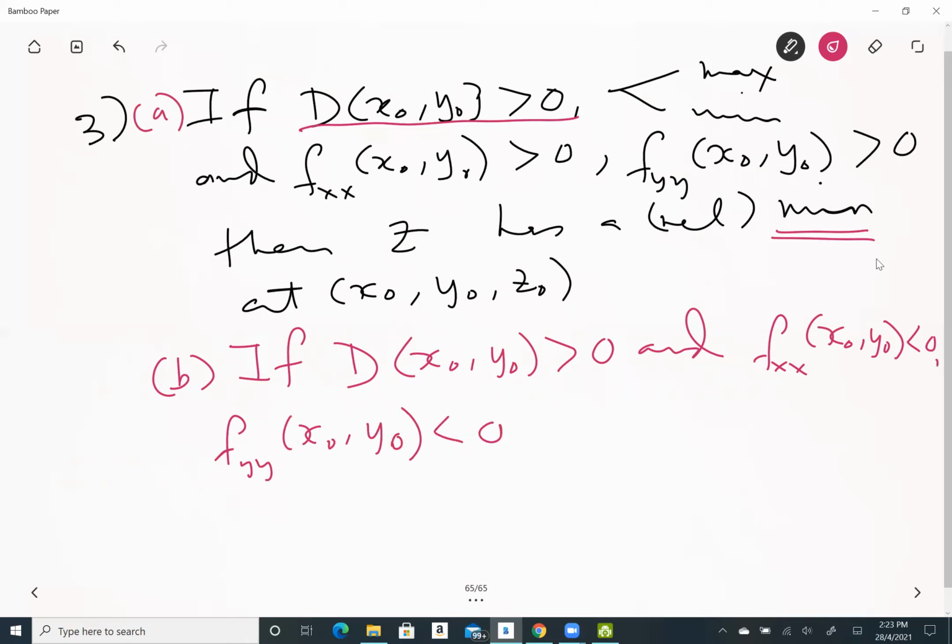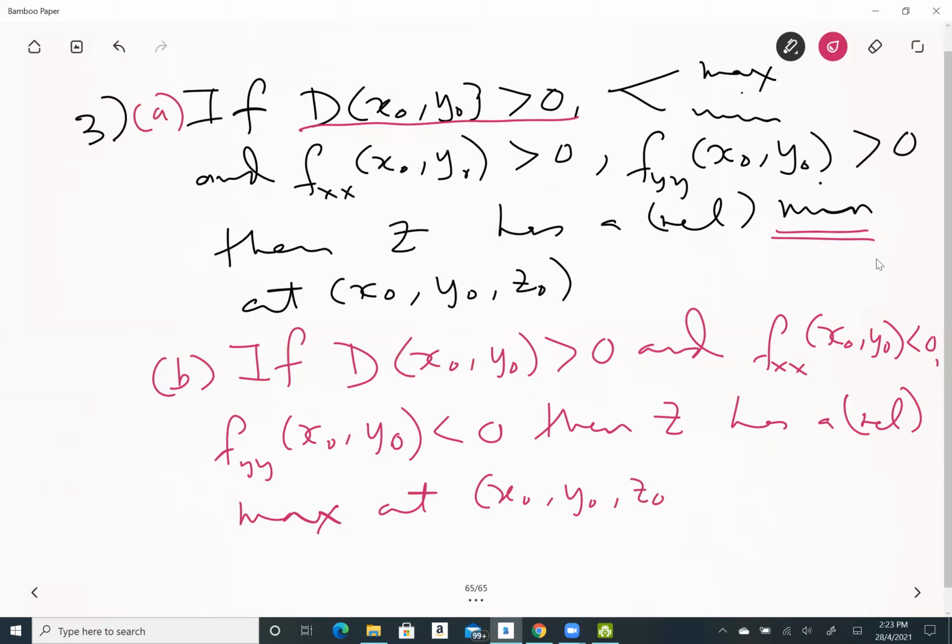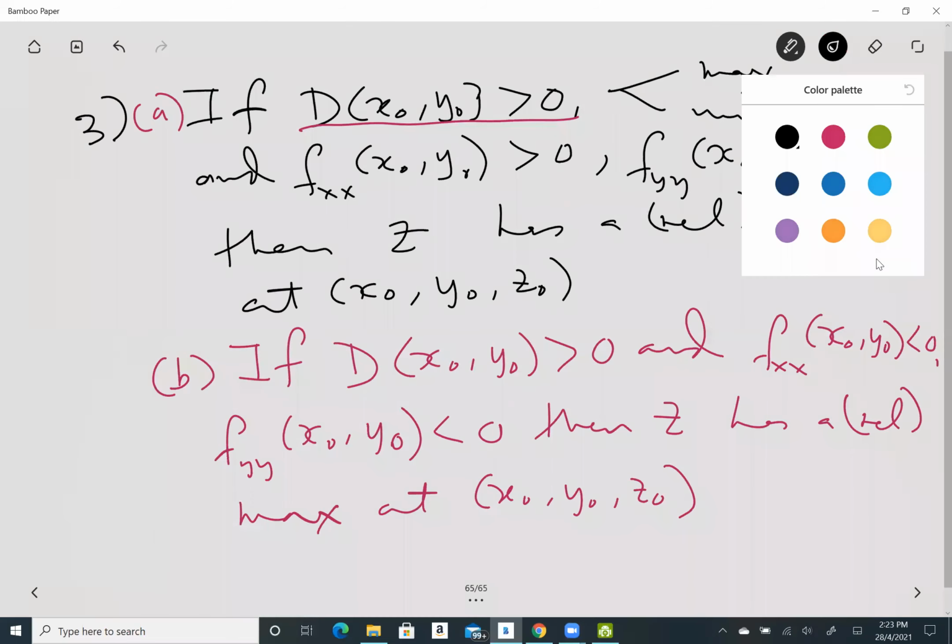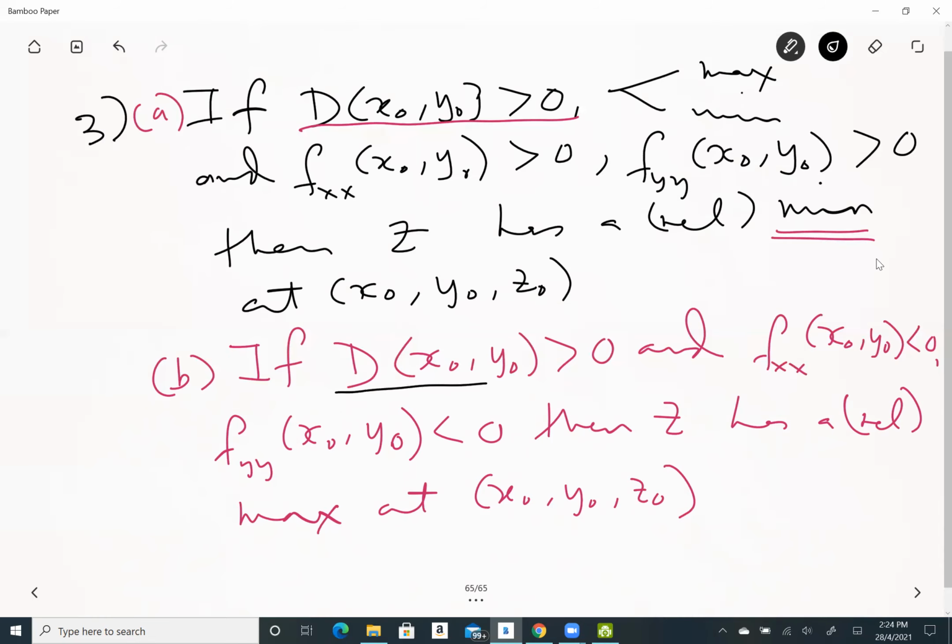Then we conclude that the function z has a relative maximum at x0, y0, z0. So here again, the first condition would be D bigger than 0. And then if fxx is negative and fyy is negative at the critical point, then we have a maximum.